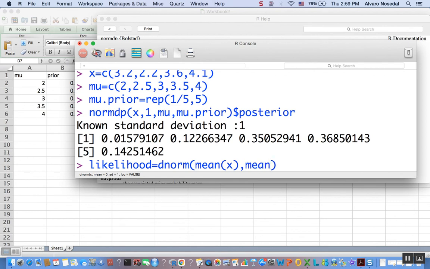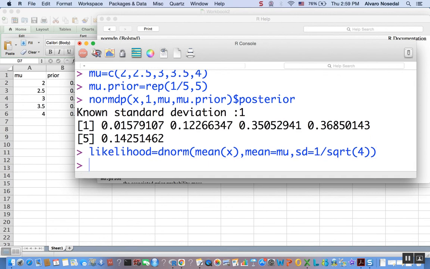The mean that we're going to be using is just mu, these possible values: 2, 2.5, 3, 3.5, and 4. The standard deviation that you would use would be 1 over the square root of 4.